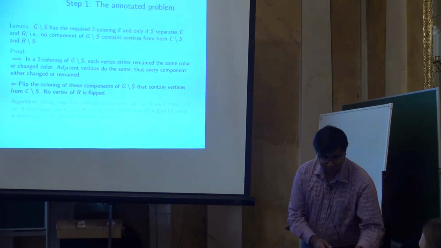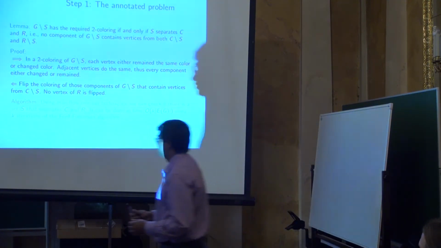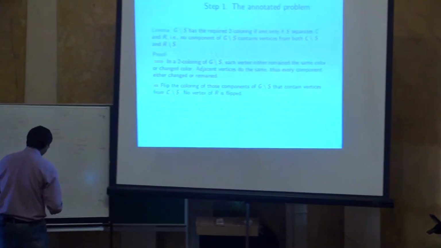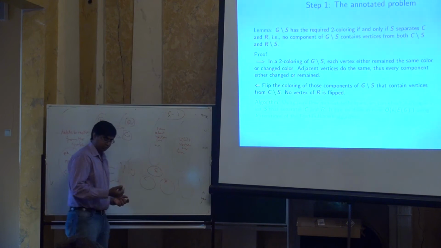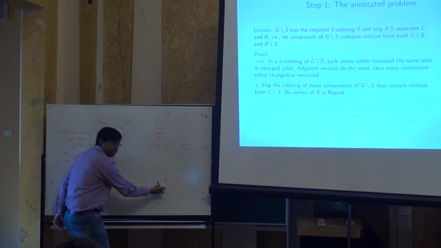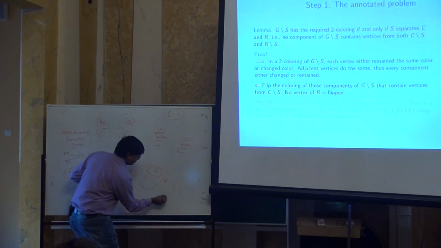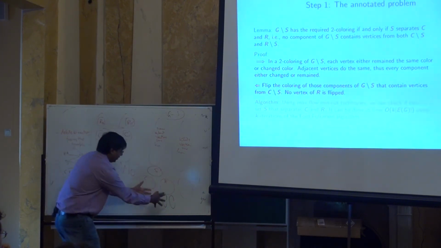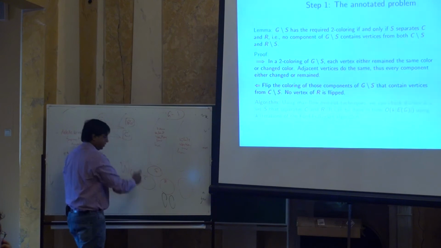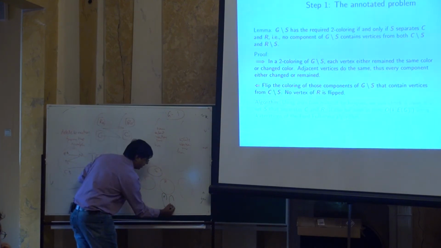That's it. So what I'm saying is that after deleting this, each component contains either change vertices or remaining vertices, for the backward direction. What is the meaning of remaining vertices? Look at the current partition of them. When you look at the induced partition here, you know that these guys needed to remain like this.